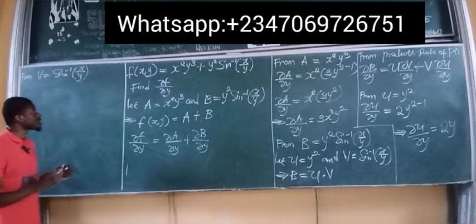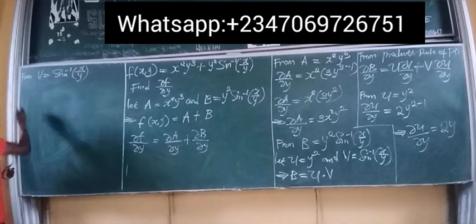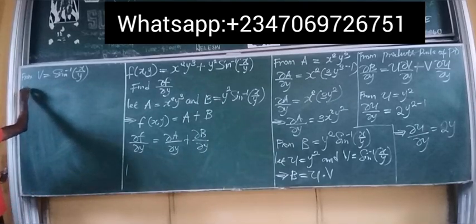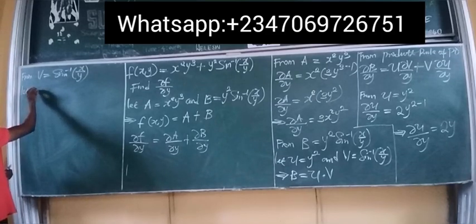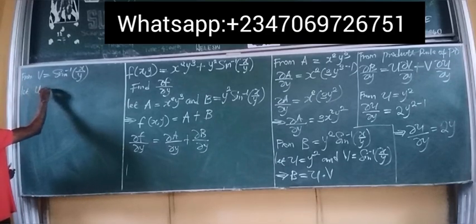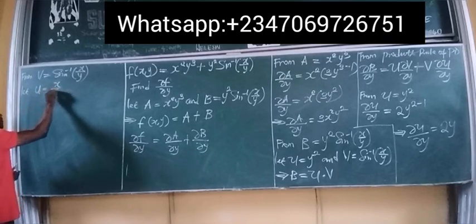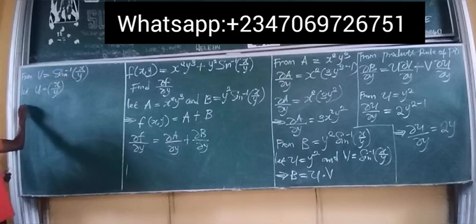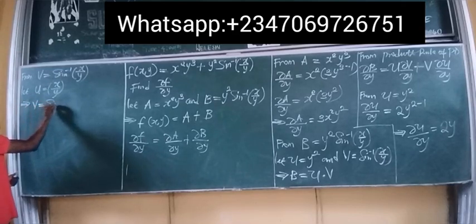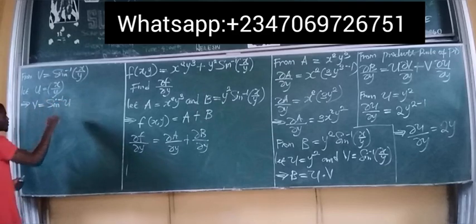To break this down, you can use any alphabet. You can say let u be equal to x over y, which is simply the angle in front of the trig function. So this implies that v itself is the sine inverse of u.